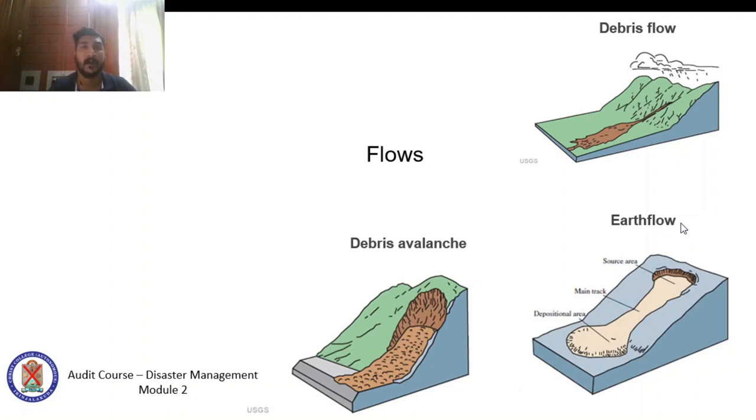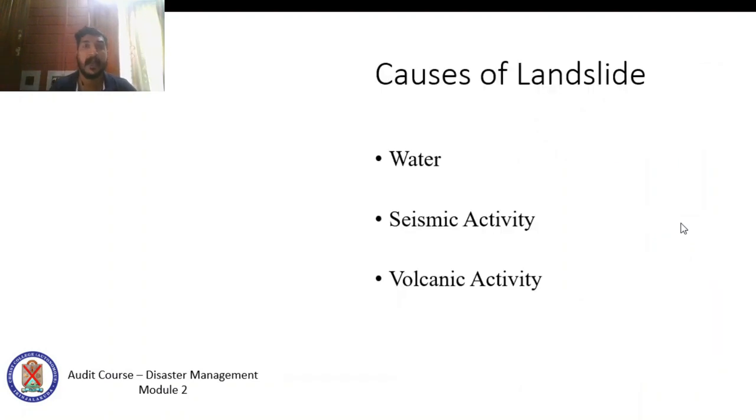So let's take a look at the possible causes of a landslide. Although there are multiple causes of landslides, the three major causes that can cause damaging or devastating landslides around the world are: first, water; second, seismic activity; and third, volcanic activity.